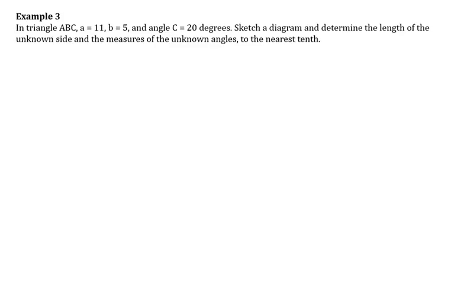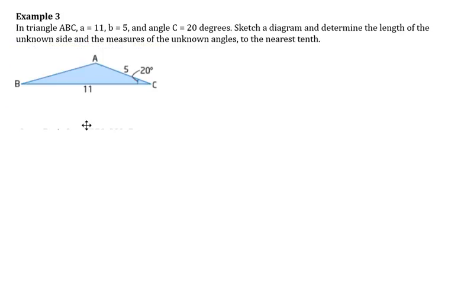Okay, and in our last scenario, we're given a triangle, so we have to sketch that and determine the length of the unknown side and the measure of the angles. So the first thing we want to do is sketch our triangle.